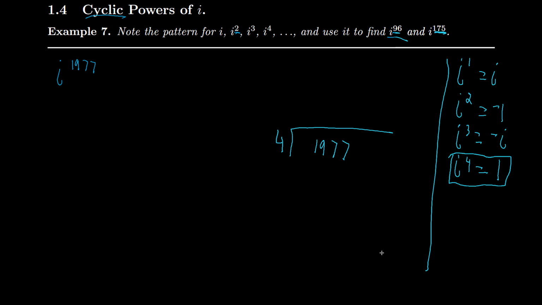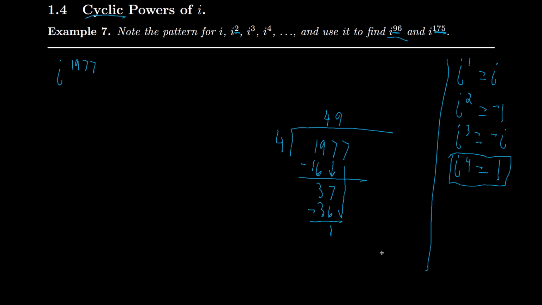4 goes into 19 4 times. 4 times 4 is 16. Subtract these. You get 3. Bring down the 7. Okay. 4 goes into 37 9 times. 9 times 4 is 36. Subtract them. You get a 1.